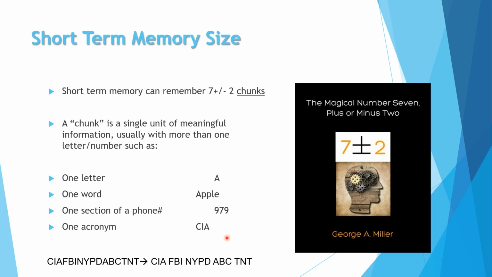So what counts as a chunk? A chunk could be one letter, or it could be a whole word. It could be a section of a phone number. Really, anytime you're working with numbers, it's always easiest to group them in bits of 2 or 3 numbers. A chunk could be an acronym or a part of a word. A chunk could be a person's name.